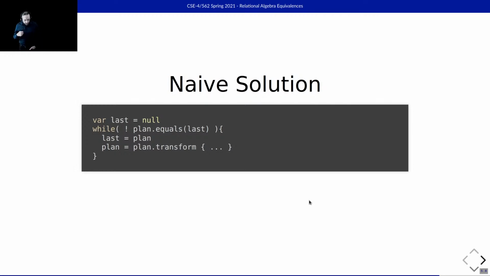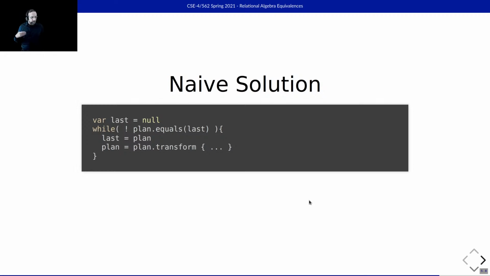The naive way to do this, and if you peel away all of the optimizations, what many optimizers are doing at the end of the day, looks a lot like this: you have a plan and you keep applying the transform until the thing that the transform gives you back is the same as the original expression.